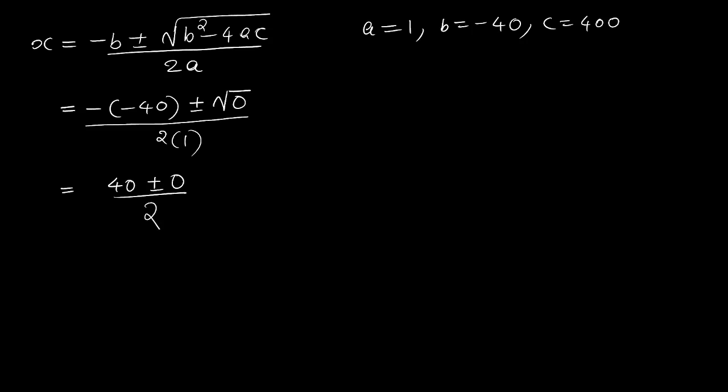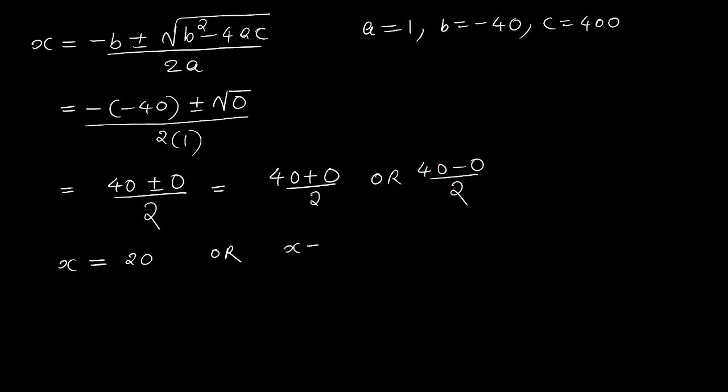One root is 40 plus 0 by 2, the other is 40 minus 0 by 2. So x equal to 40 by 2 is 20. Again x equal to 20. This is just a repetition. Meaning x equal to 20.